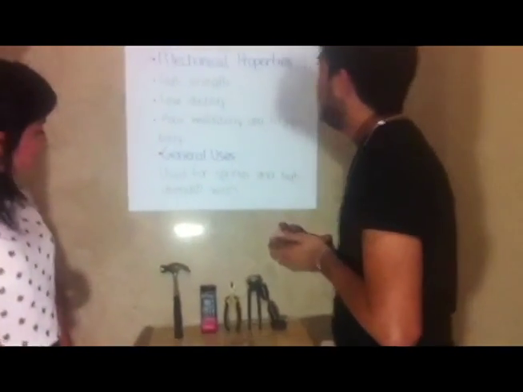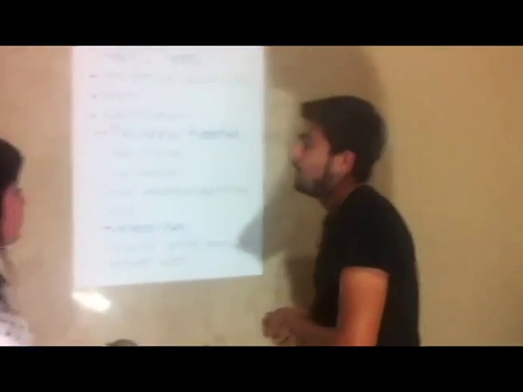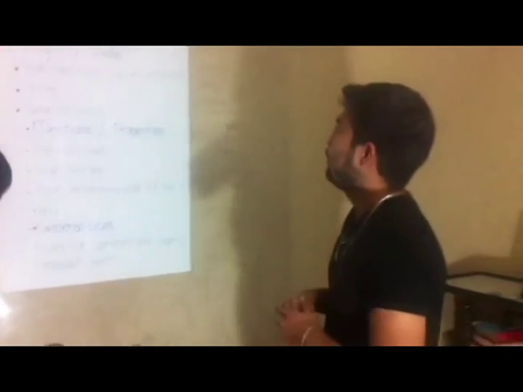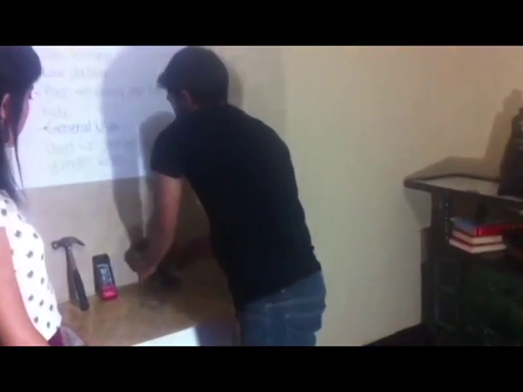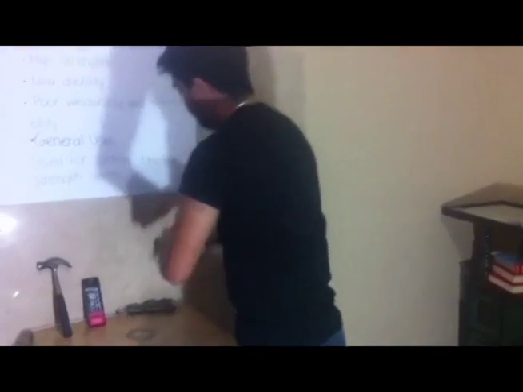Okay, the examples of the high carbon steels. For example, for non-corrosive we have this kind of thing. You can put water in it, and it is non-corrosive. Now we're talking about strong.